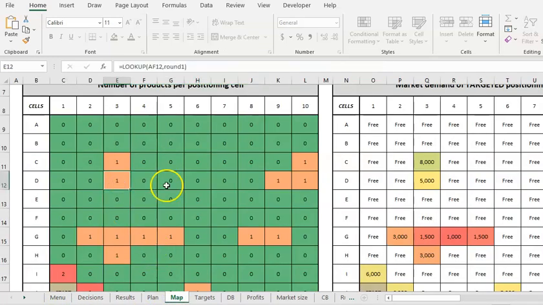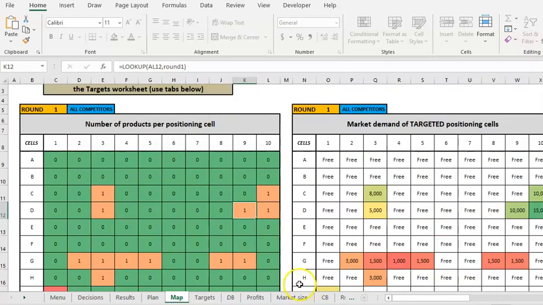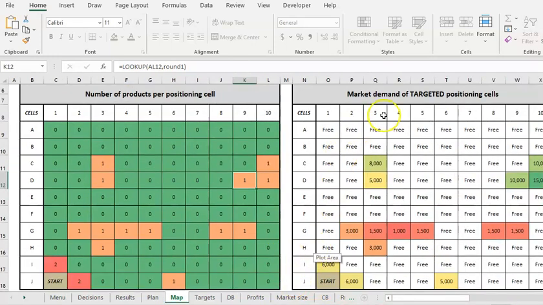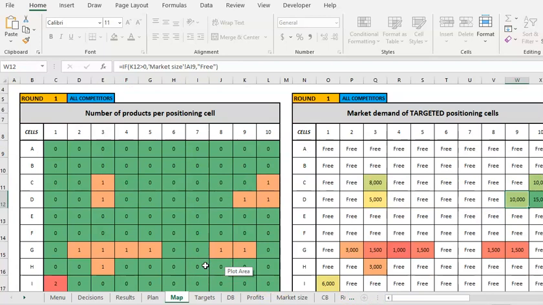So that's us sitting there in D9. Let's make that a little bit smaller to see. And then over there it shows us the size of that. So D9 is a 10,000 point cell that we're in, and all of these are obviously free and available. Okay, so it shows you that, and that'll update each round.